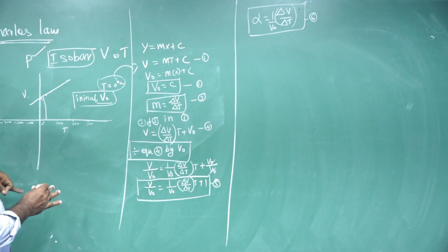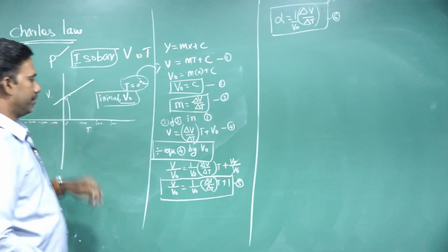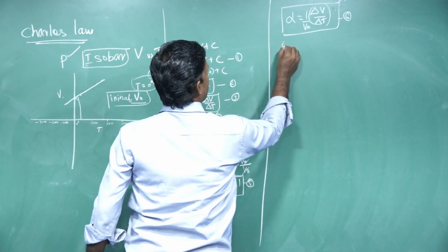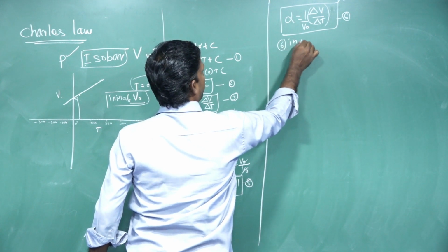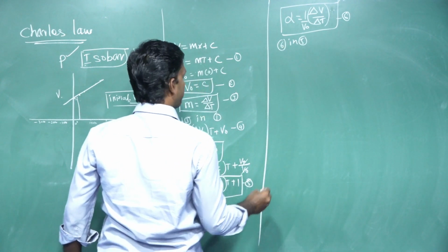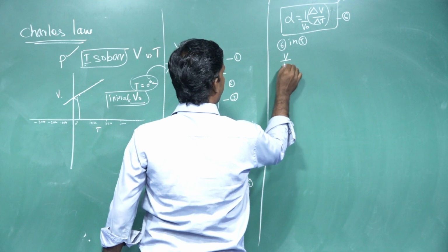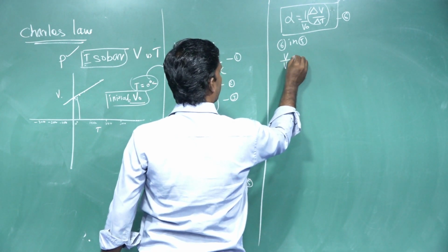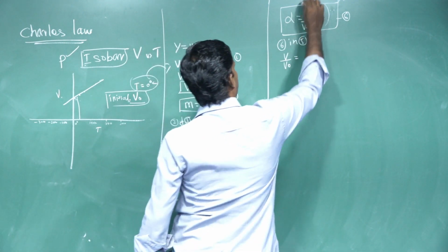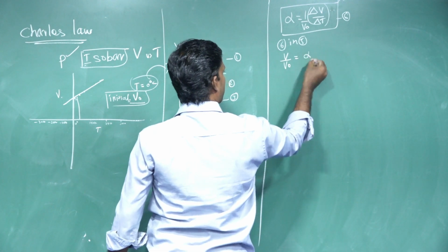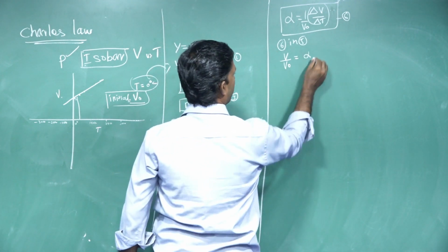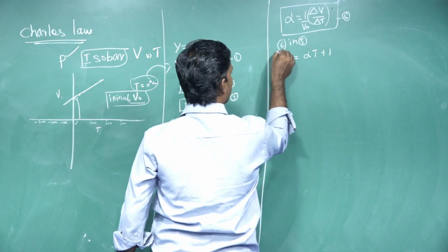Now substitute 6 in 5. What is going to happen? V by V naught equals alpha into T plus 1.